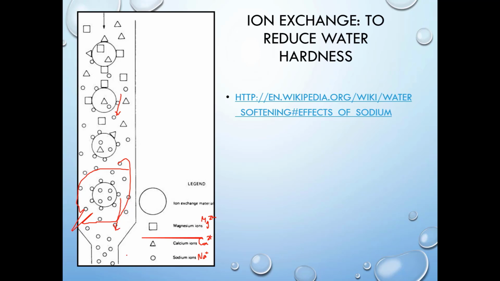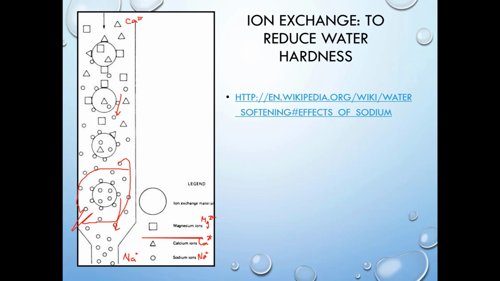So then instead you get out all of this water that is high in sodium content, not necessarily salty tasting, but it just has a lot of sodium, whereas you originally had flowed through water that was higher in calcium content and tended to leave all of those nasty water spots on your glasses and so on.